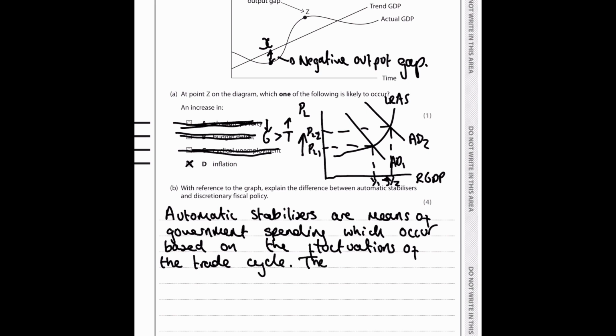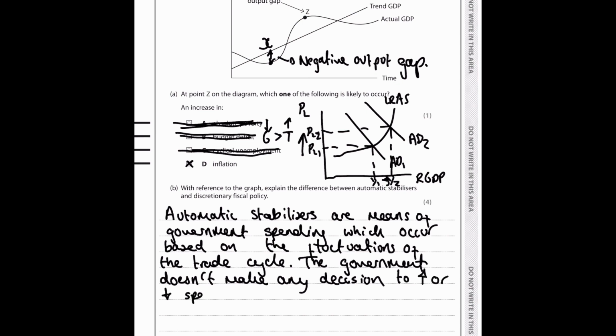The government actually doesn't make any decision to increase or decrease spending. Okay, so there we go. That's what automatic stabilizers are.